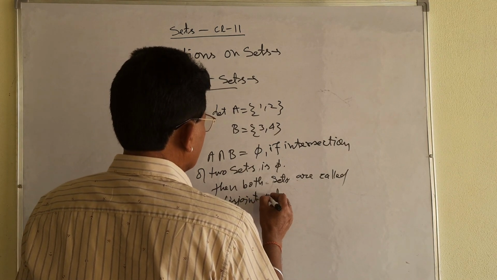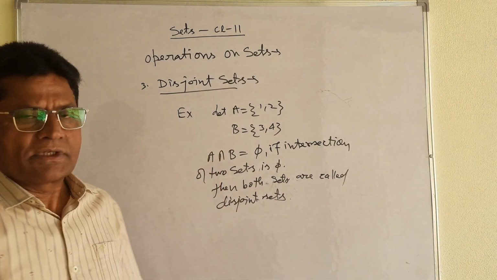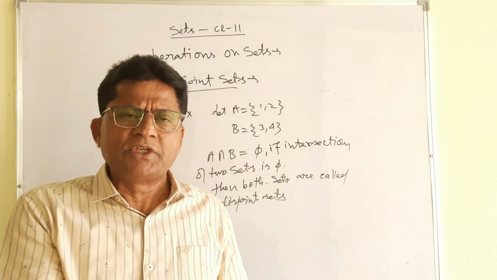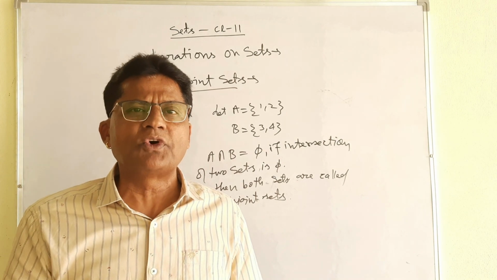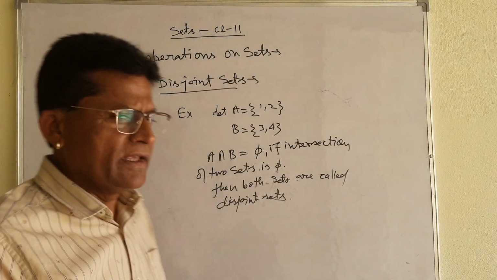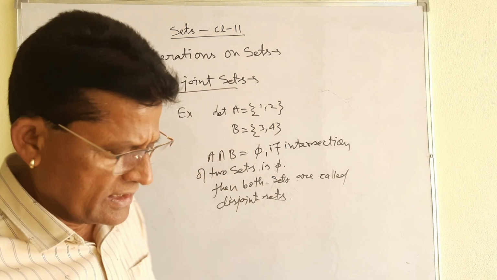Both are called disjoint sets. Very important definition. It is a very important condition which will be used to find the solution of questions on disjoint sets. If the intersection of two sets is equal to the empty set, then they are disjoint sets.